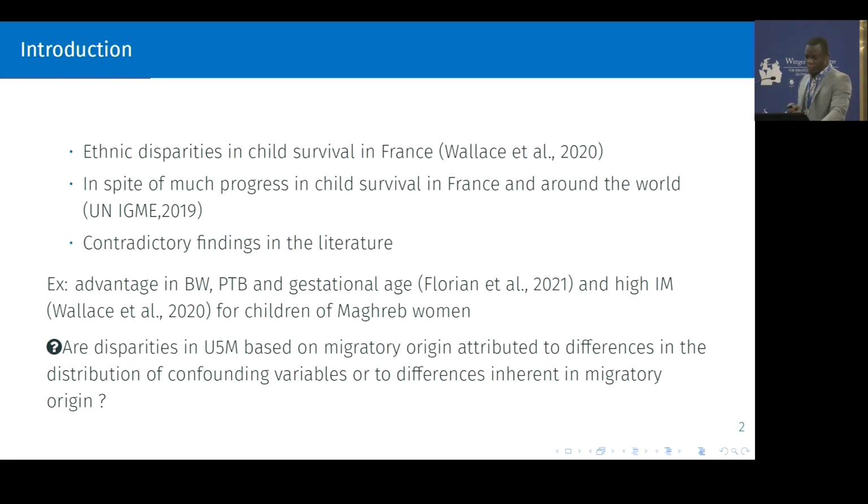So we want to know if these disparities based on migratory origin are attributed to differences in the distribution of confounding variables or to differences inherent to migratory origin.